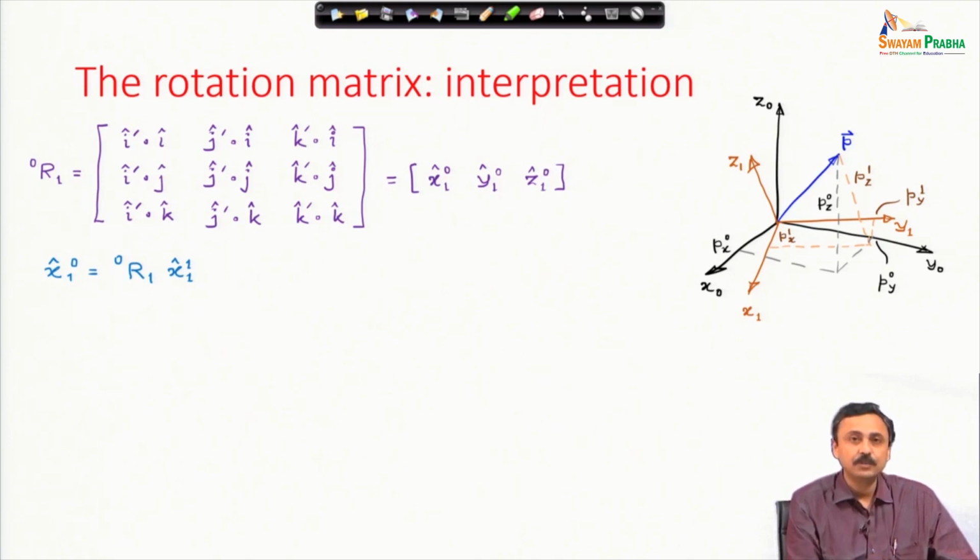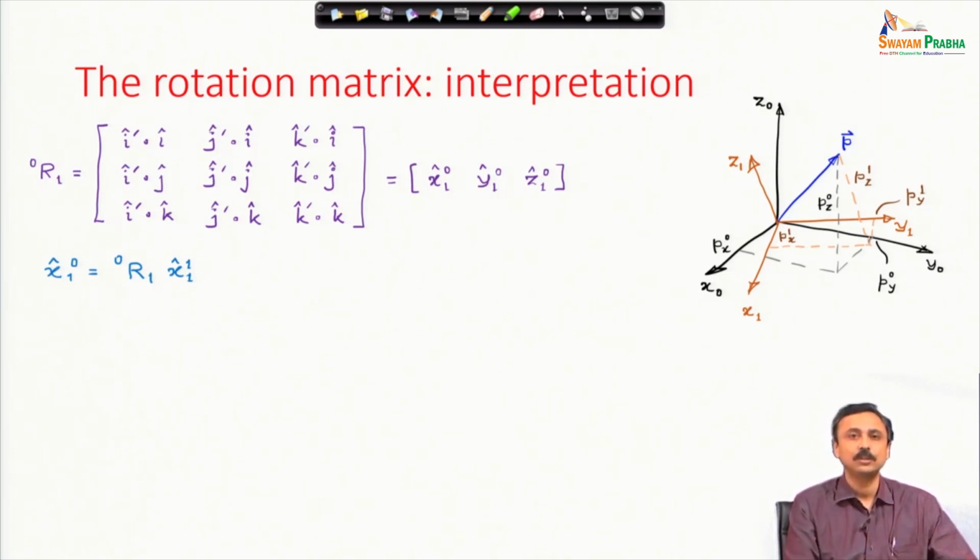X1 represented in frame 1 is nothing but 1 0 0. If you multiply this rotation matrix R1 to 0 with 1 0 0, where 1 0 0 is nothing but x1 represented in frame 1, it will only filter out the first column, and that therefore takes x1 in frame 1 to the representation of x1 in frame 0.